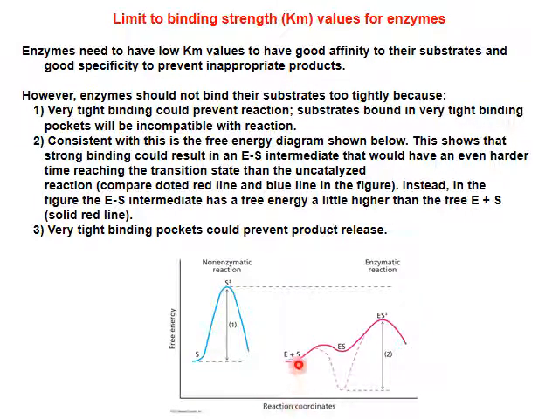Now notice the E plus S has to combine, so there's a little energy barrier initially to allow two things to come together, because again you're freezing out some rotational motions and disorder in the system because you're bringing two things together. So there is a little energy barrier there, and you're forming an ES complex, and then you're going through the transition state of S, and then you form your products.